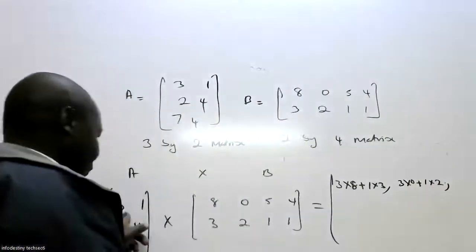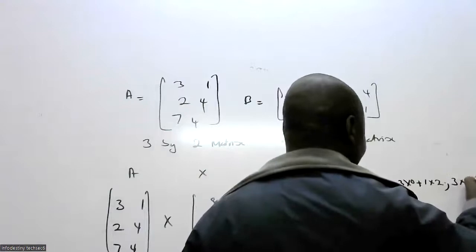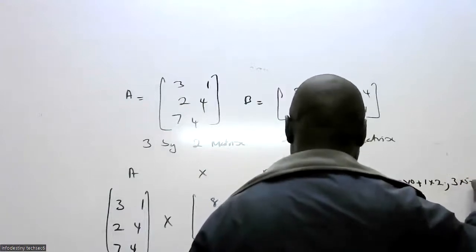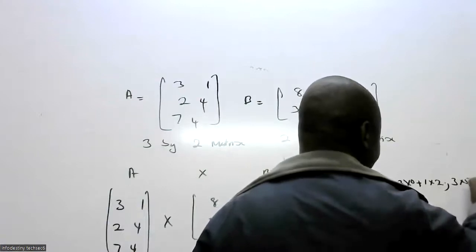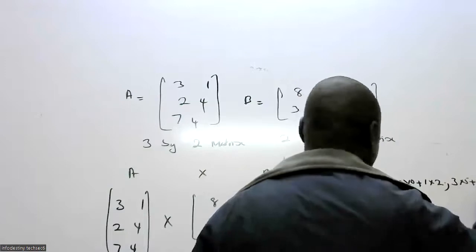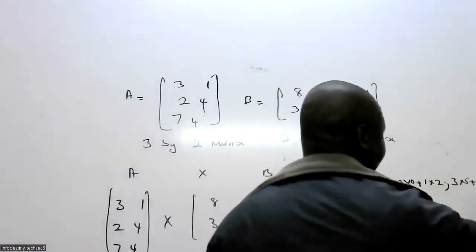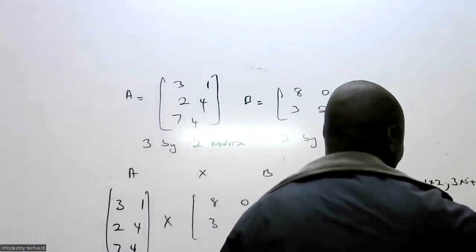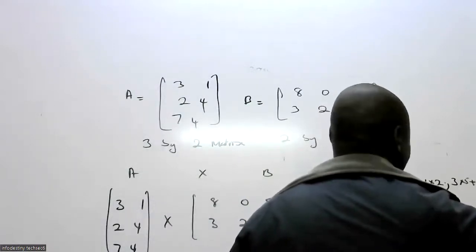The same row: 3 times 5 plus 1 times 1. Then the same row: 3 times 4 plus 1 times 1.